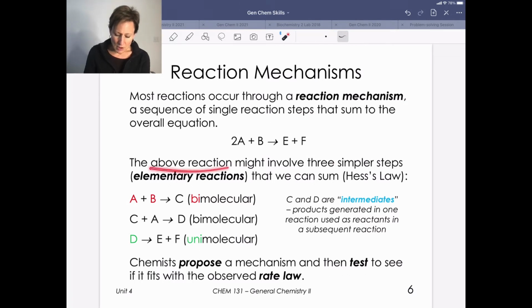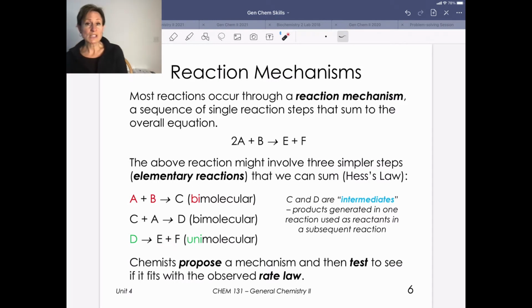Okay, these above reactions might involve some simpler steps. Think of this like Hess's law when we'd have individual reactions that we added up. So maybe the first step is an A reacting with one B to give us a C molecule. Okay, then C might react with the other A to give us the D, and then the D actually undergoes a decomposition to give us the E plus the F.